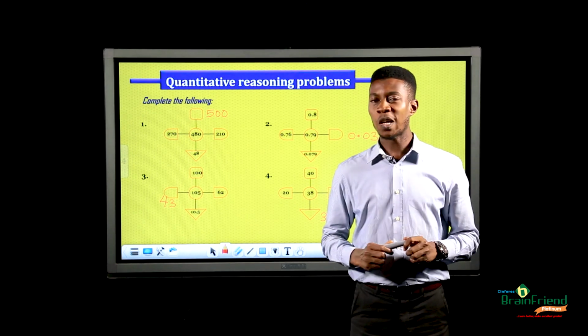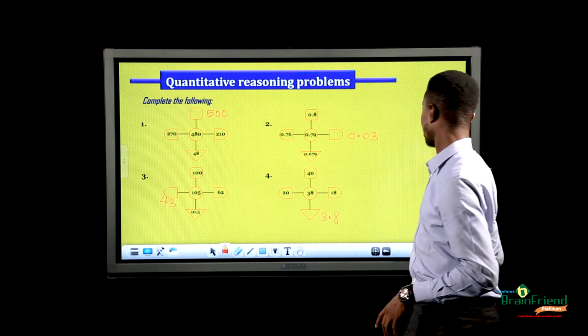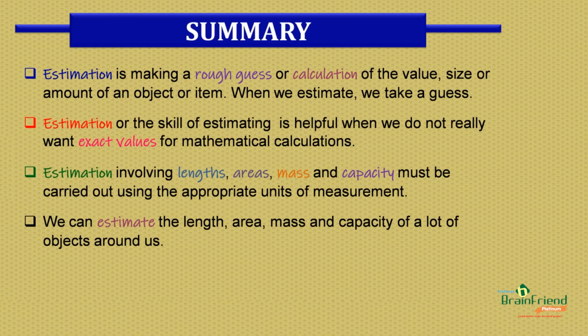But before you go, let's look at all we've learnt in a summary. First, we learned that estimation is making a rough guess or calculation of the value, size, or amount of an object or item. When we estimate, we take a guess. Furthermore, we learned that estimation is helpful when we do not really want exact values for mathematical calculations.